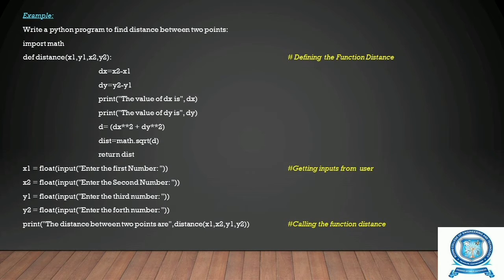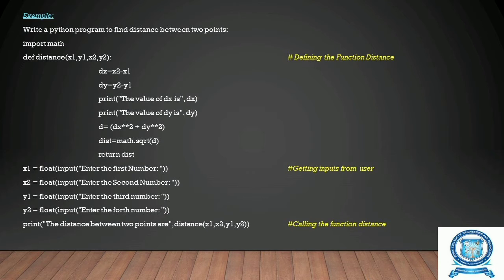Then we are printing the value of dx. The formula is d is equal to dx the whole square, given as dx double asterisk 2, plus dy the whole square, given as dy double asterisk 2. Distance is equal to math dot square root of d, and return dist here.